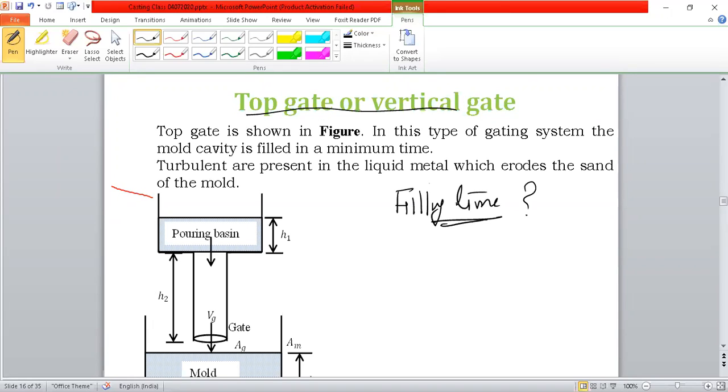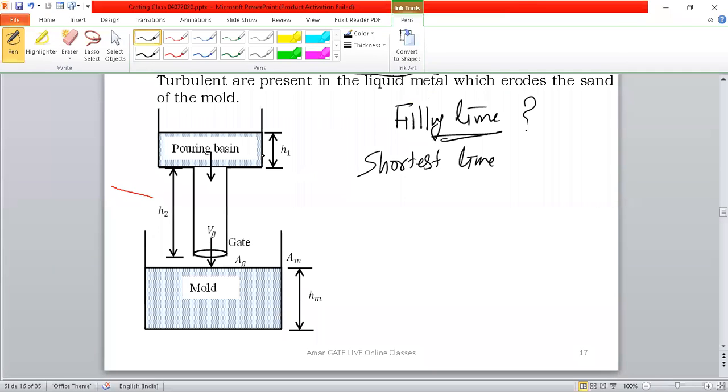The gate is shown in the figure. In this type of gating system, the mold cavity is filled in the minimum time. So by top gate, molten metal is filled in the shortest time.